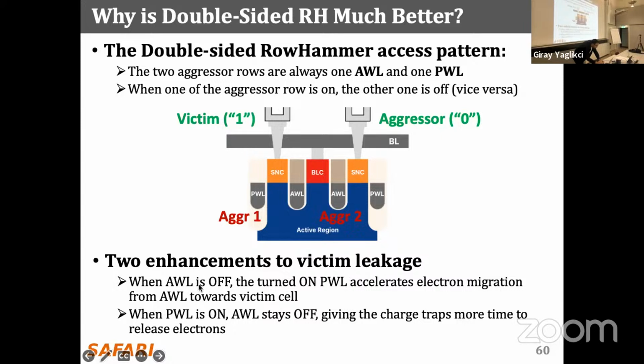When this one is off and you turn on the PWL, it accelerates the electron migration from this active region to the passive word line. Basically it traps more electrons here, and that's how we explain RowPress here actually, but this is not the slide for that.